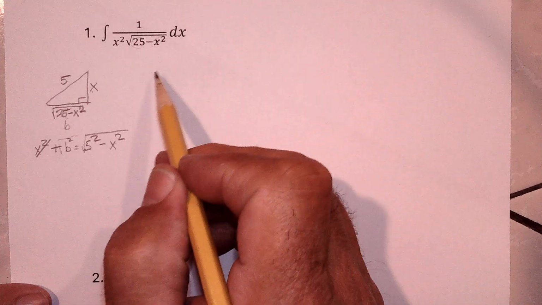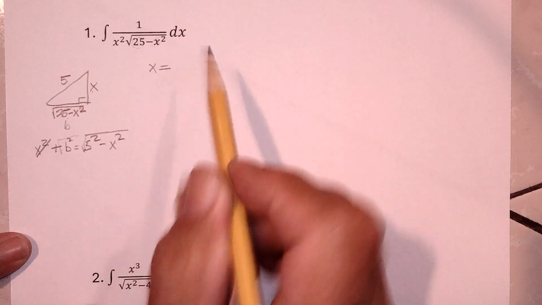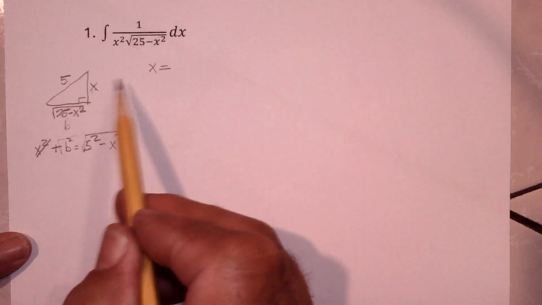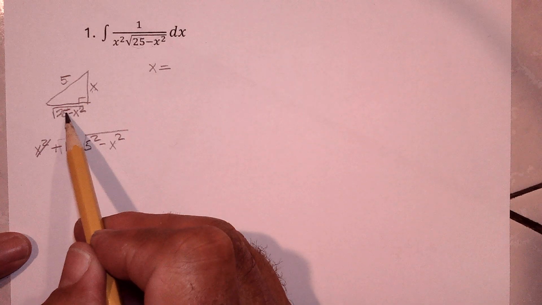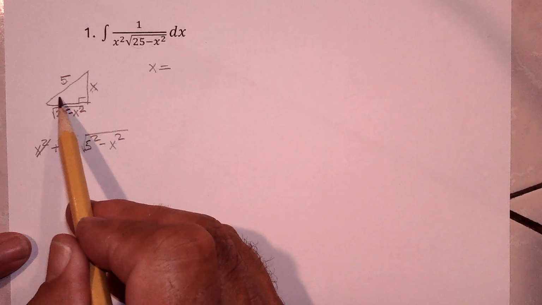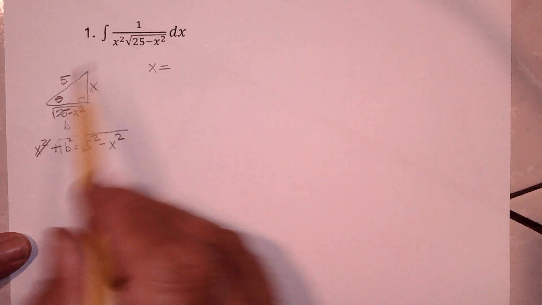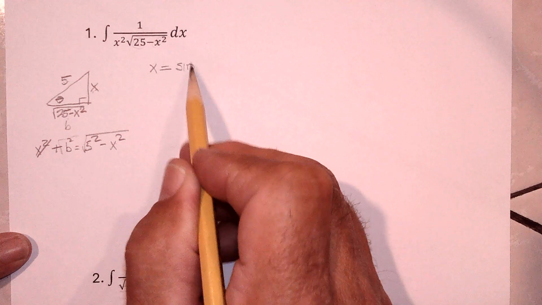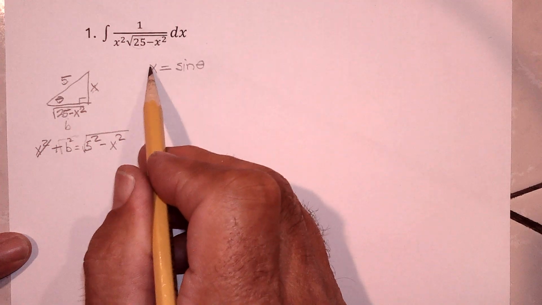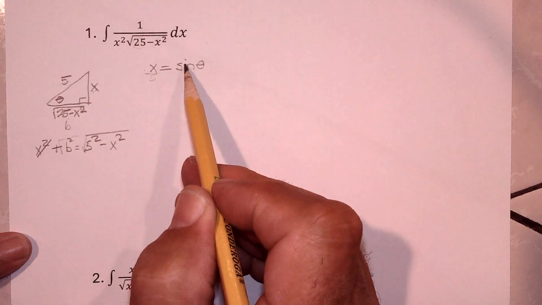Then in Trig Sub, the way I teach it, I say, come up with a simple expression for x. Well, x using trig. If I use this and this, I'd have tangent, but that's not the simple one. The simple one would be opposite over hypotenuse, if this is the angle. Opposite over hypotenuse is the sine of the angle, so it'd be x over 5, but then I like to multiply both sides by 5.